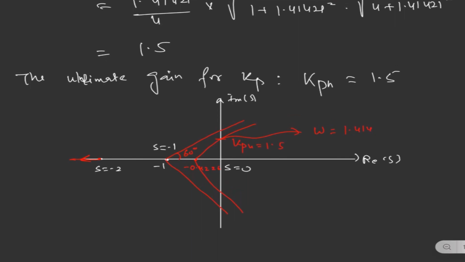For that we have to find the time period. As in the previous lecture, Tu equals 2 pi by omega, which is 2 pi by 1.41421, which is 4.4429.